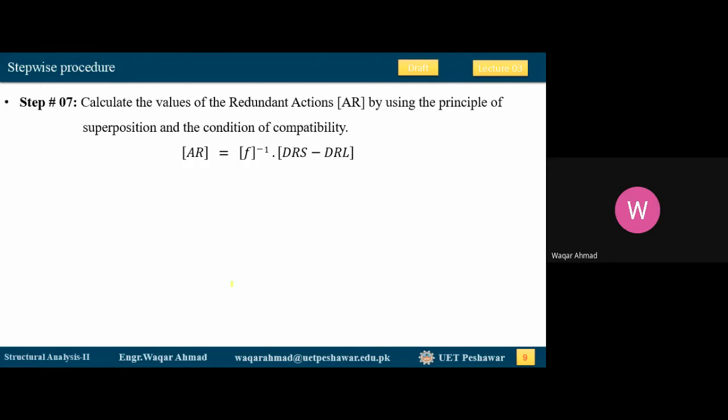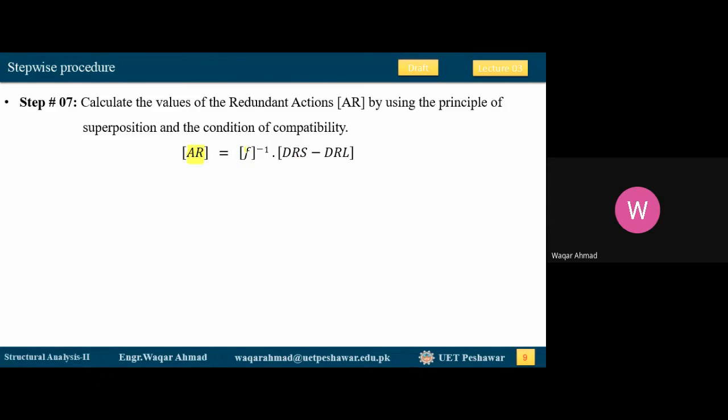Okay, in step number 7, you now have all the matrices that are required to find the values of the unknowns. This AR corresponds to the redundant actions. The redundant actions are actually the extra actions which are the unknowns. We already did this for the beams method, so you can determine it by using this equation.